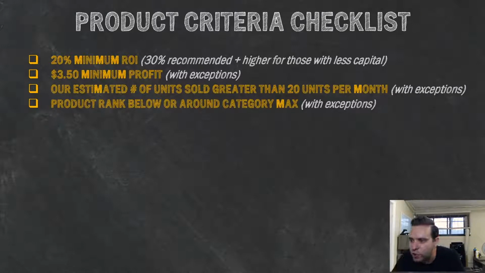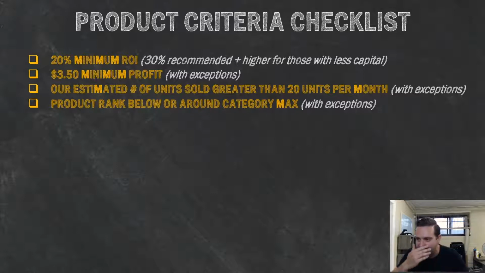Next is the product rank should be below or around the category max. Again, with exceptions. But what does that mean? Below this video, I will be attaching a list of all the categories and what I recommend as the maximum rank product you should be looking for.